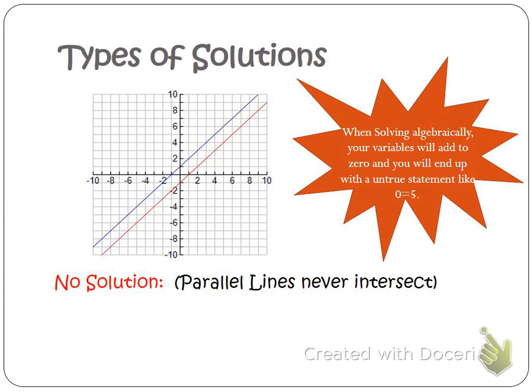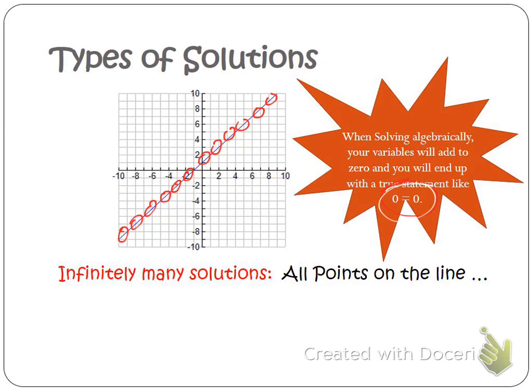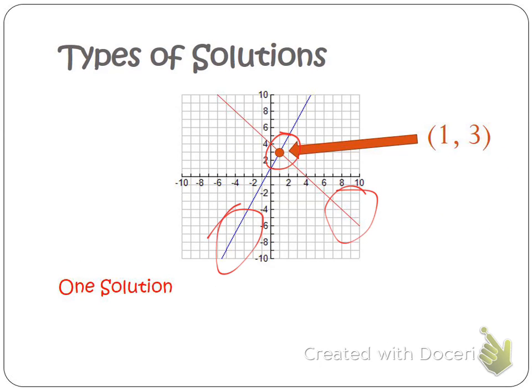Okay. Now, let's back up for a second, even back up to where we have one solution. Yes, if we graph, we're going to be able to tell it has one solution pretty easily.